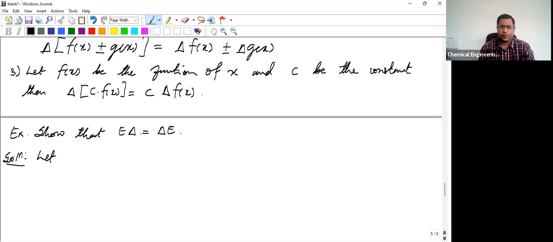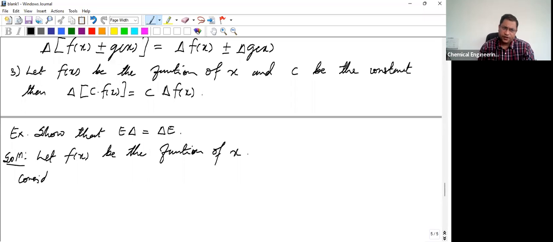We have to operate these operators on some function. So let f of x be a function of x. Consider shift and delta of f of x.